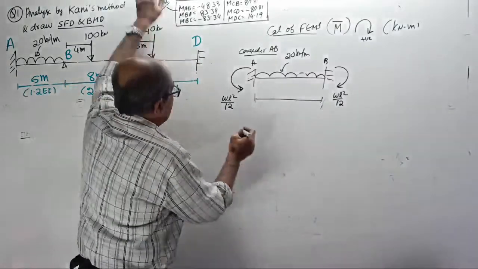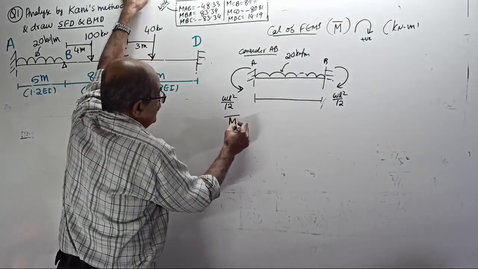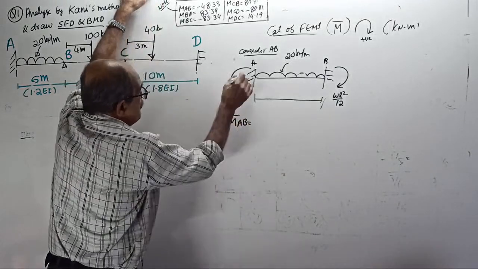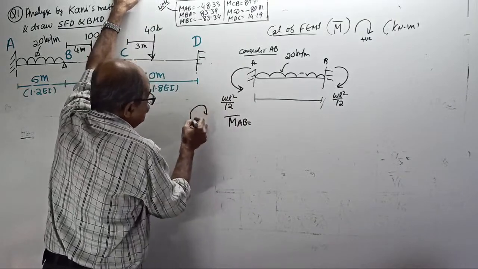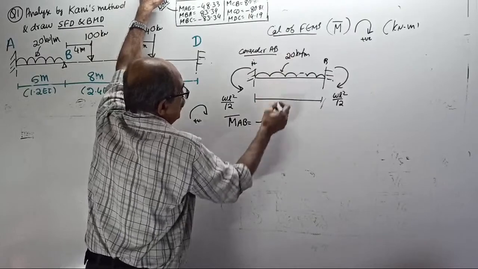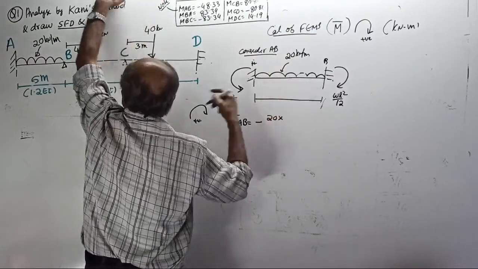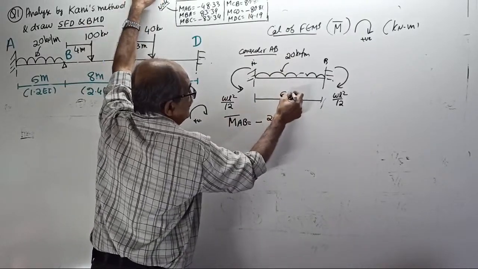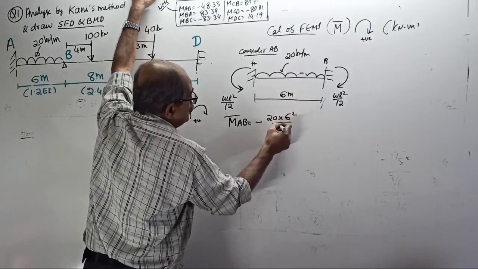Okay, start. M bar AB. Now remember, our sign is clockwise positive. It is anti-clockwise, so minus W, 20 into span 6 meter, 6 square by 12.